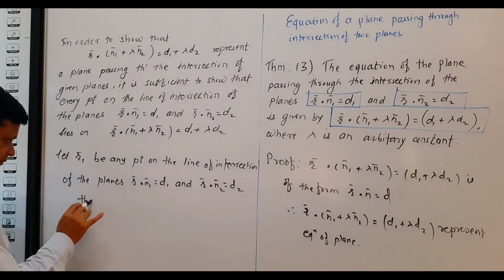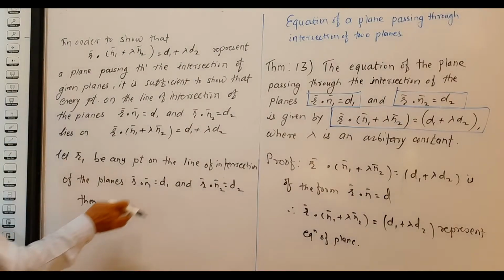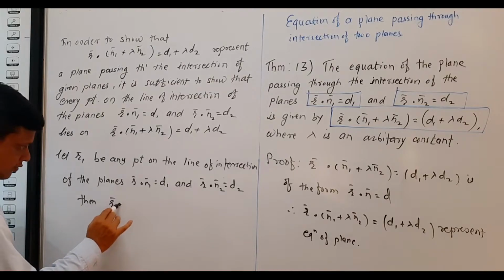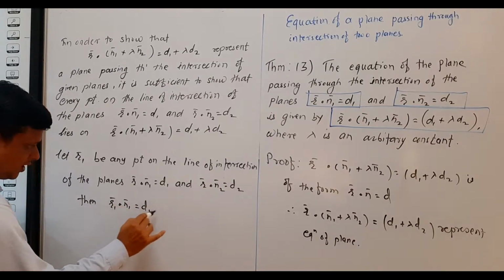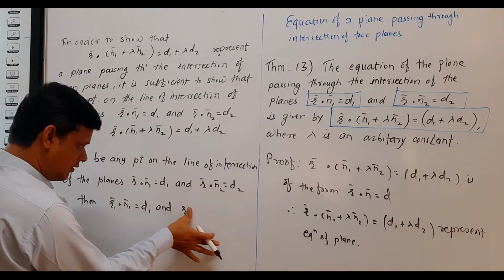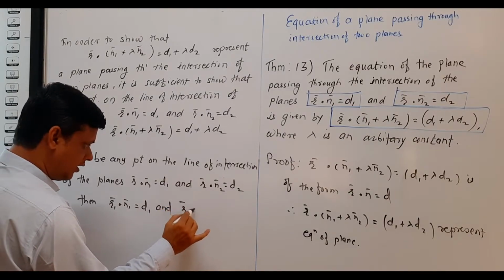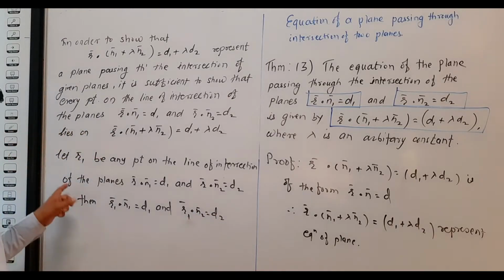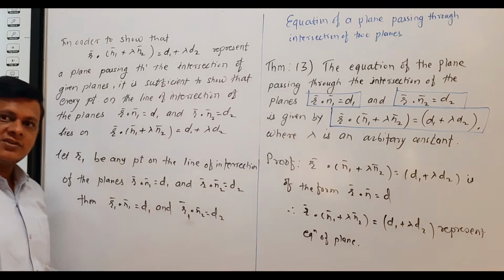Then if this point lies on this plane, so we write here r1 bar dot n1 bar is equal to d1 and r1 bar dot n2 bar is equal to d2. That means this point satisfies these two equations.